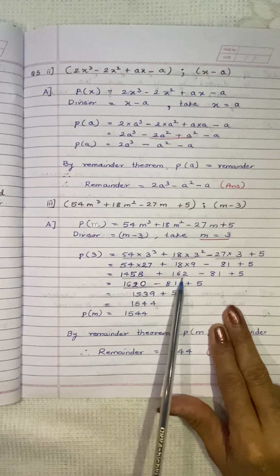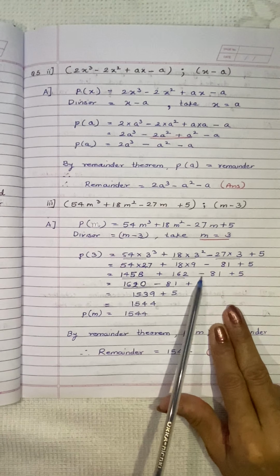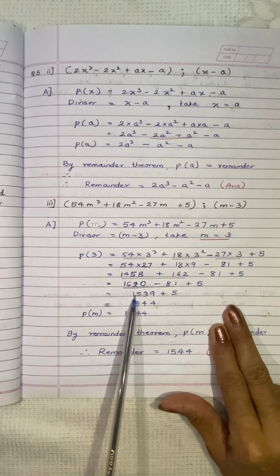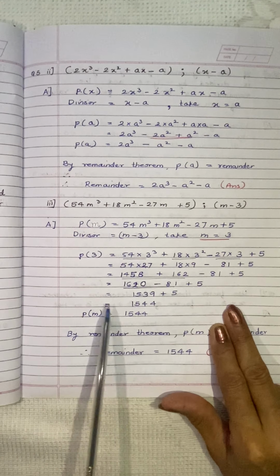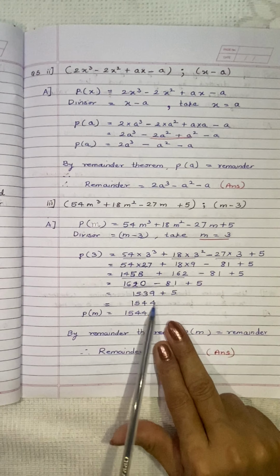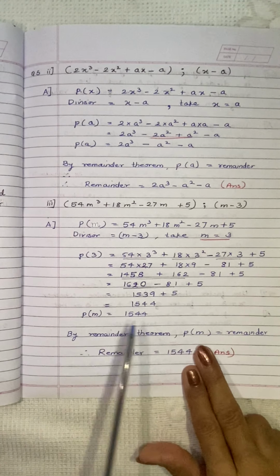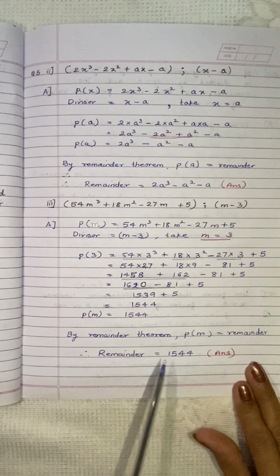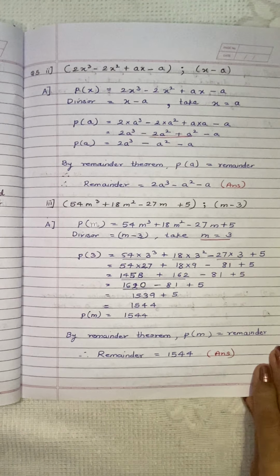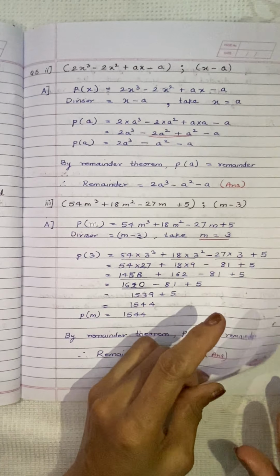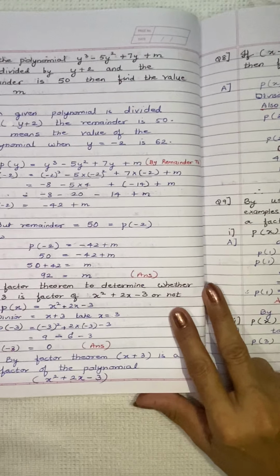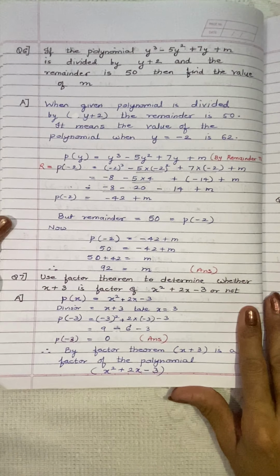So when we add up these two, we get 1620 minus 81 plus 5. 1620 minus 81 gives us 1539 plus 5. The answer is 1544. So P(3) is equal to 1544. By the remainder theorem, P(3) is equal to the remainder. Therefore, the remainder is 1544 is the answer. Let's come to question number 6.